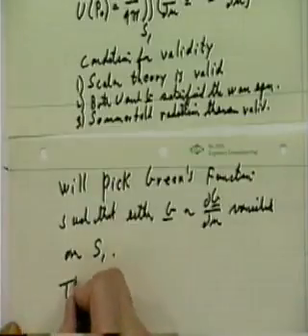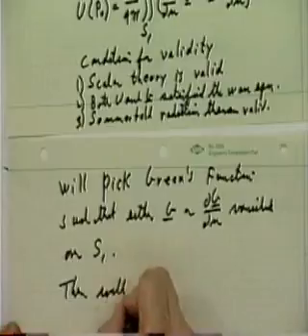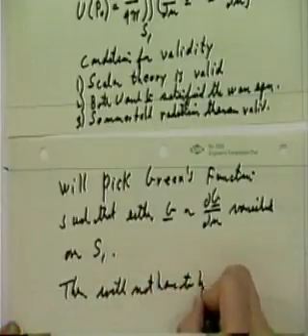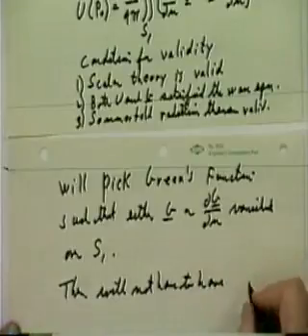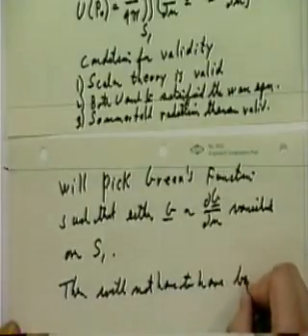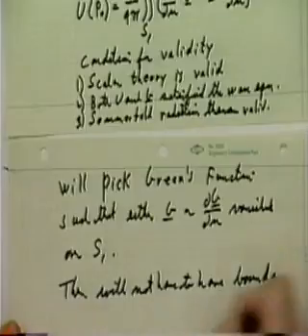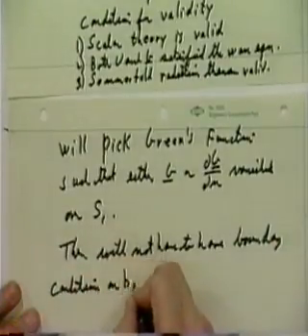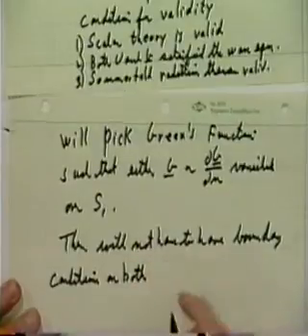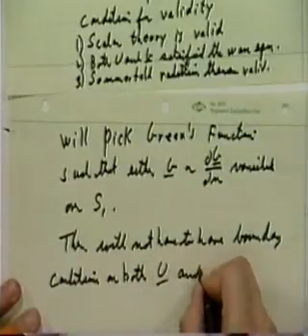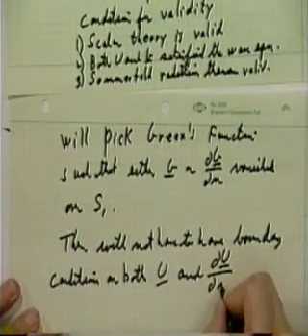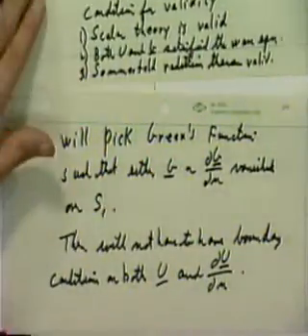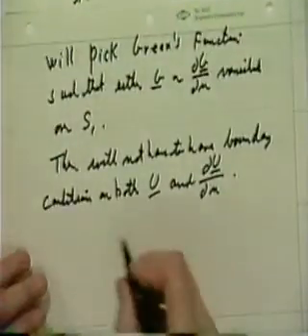So we'll not have to have boundary conditions on both u and partial of u with respect to n. And then the inconsistencies in the Kirchhoff theory will be eliminated.